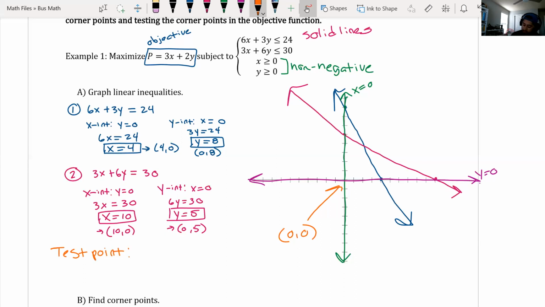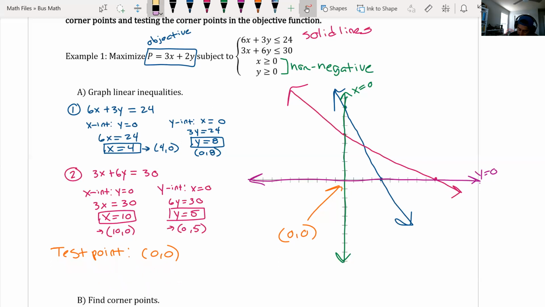And we're going to take (0, 0) and plug it into both of these inequalities above and see if it holds true. So we'll get the first one, 6 times 0 plus 3 times 0 less than or equal to 24. That gives me 0 less than or equal to 24, which is true. So that means for the blue line, I actually should have done that in blue.